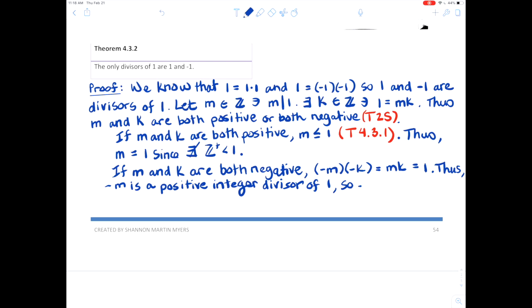So negative m would have to equal 1, and that means that m is equal to negative 1. So what have we found? Therefore, m is 1 or m is negative 1. And we're done. Pretty cool, huh?